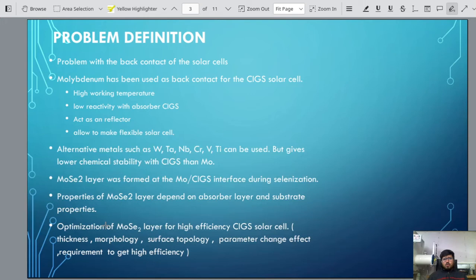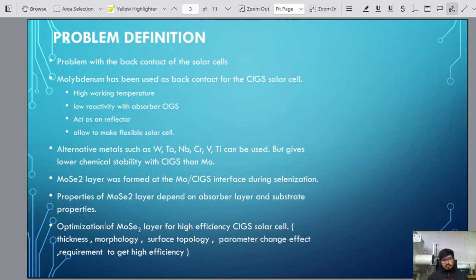Generally molybdenum has been used as the back contact for CIGS solar cells, which gives high working temperature and low reactivity with the absorber CIGS, by which prevention of contamination from the substrate to CIGS is possible, and which does not affect any kind of solar cell properties.